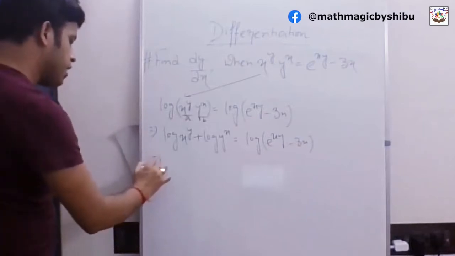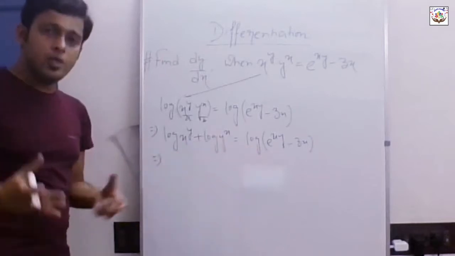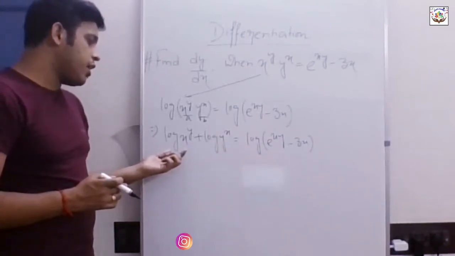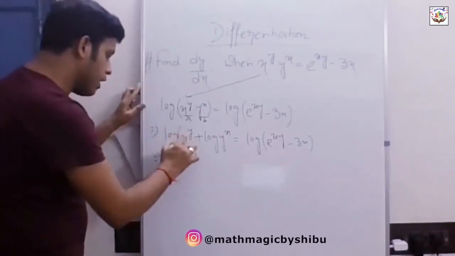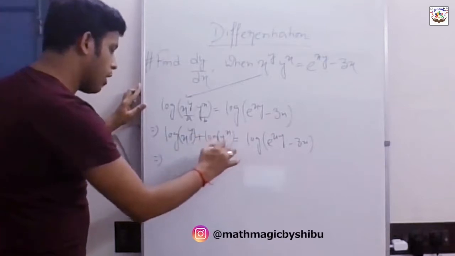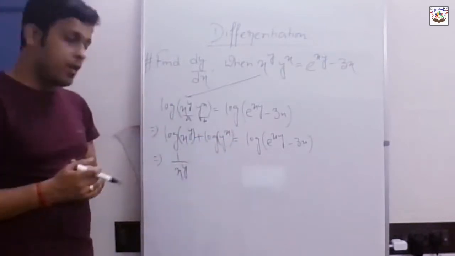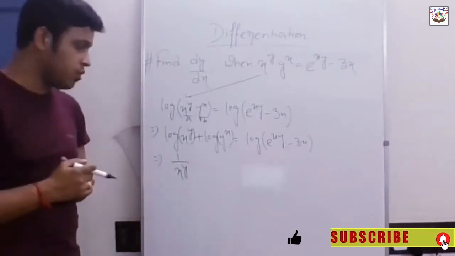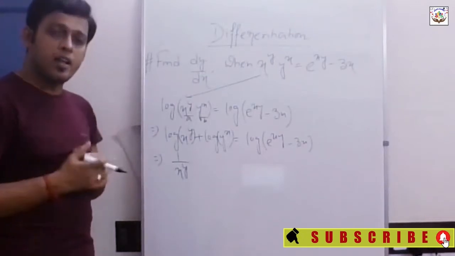Now, if we differentiate the whole logarithm function on both the sides with respect to x, what will we get? We know the derivative of log x is 1 by x. So the derivative of log x to the power y would be 1 by x to the power y. And we need to again differentiate x to the power y with respect to x, where we need to consider y as another variable.